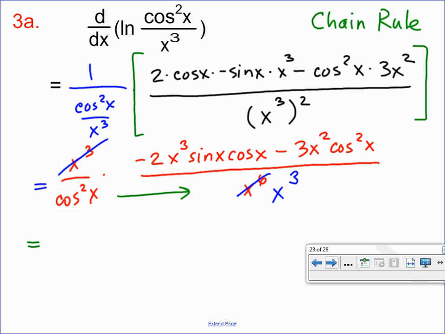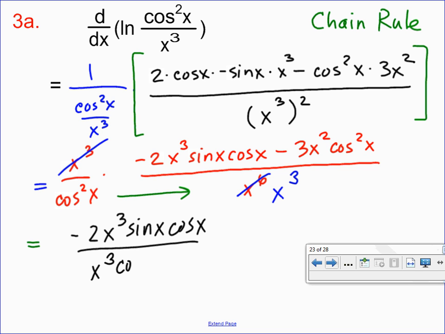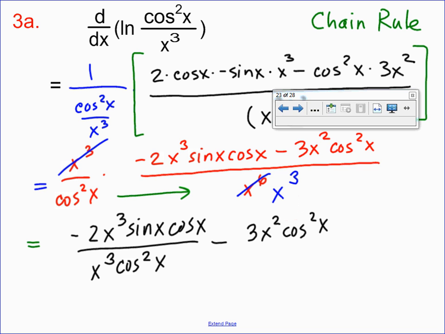So we would get negative 2x cubed sine x cosine x over x cubed cosine squared x minus 3x squared cosine squared x over x cubed cosine squared x.